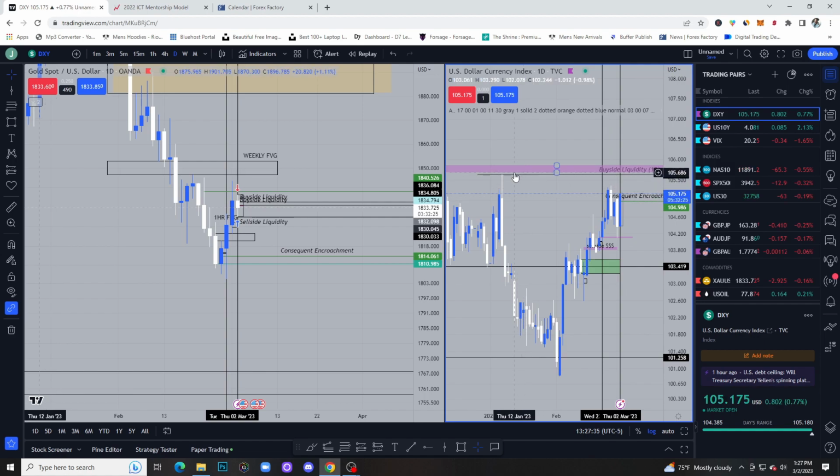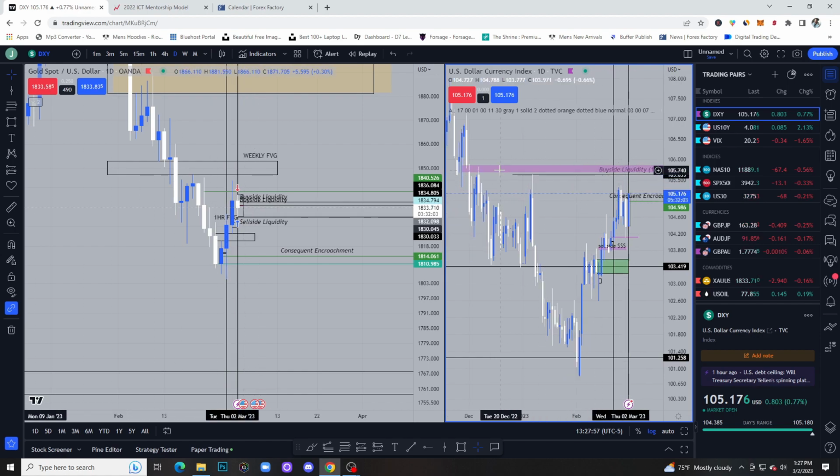I'm anticipating this area to, over the next couple of days or so, if not this week, maybe next week, because tomorrow's Friday, clear out this liquidity pool and also tap into this daily volume imbalance level. So we're going to treat this as a resistance level, or a ceiling, to end the week out.